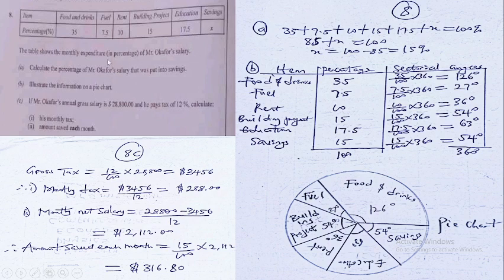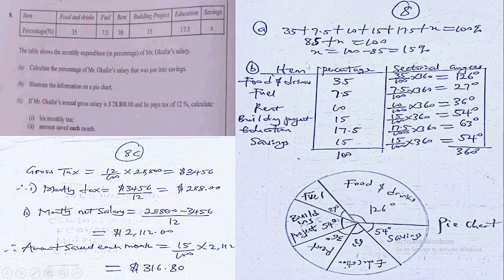So let's do that now. Like I said earlier, everything is in percentage, which means it adds up to 100%. If you add everything together, equal to 100, you can find our x.